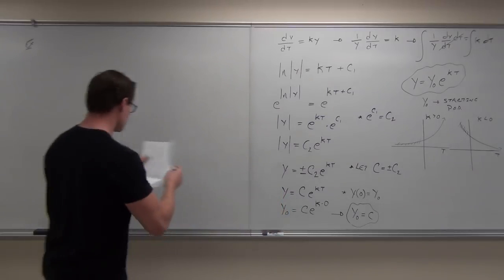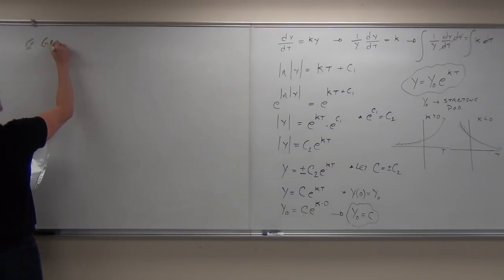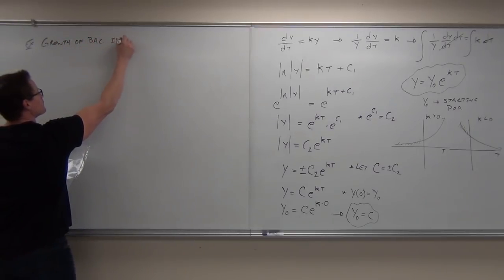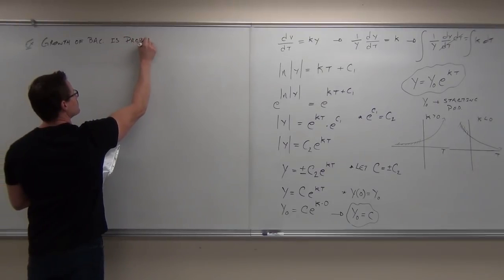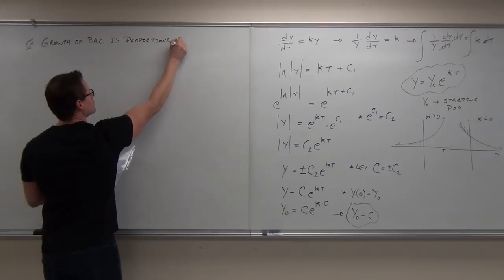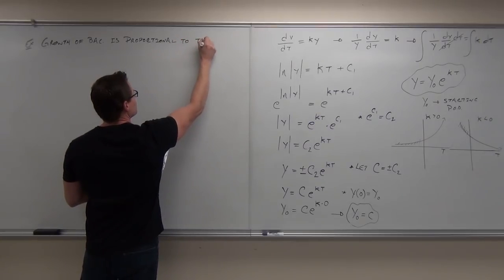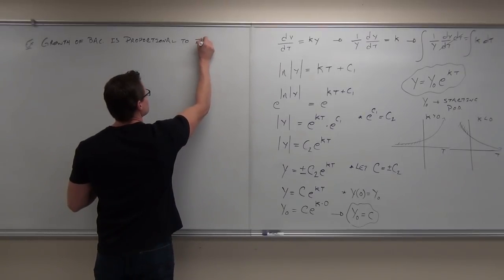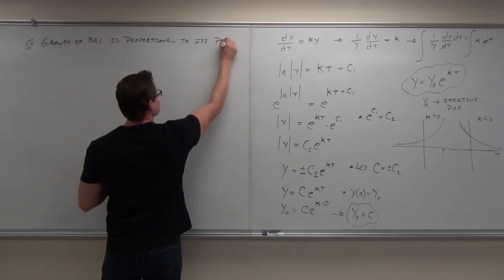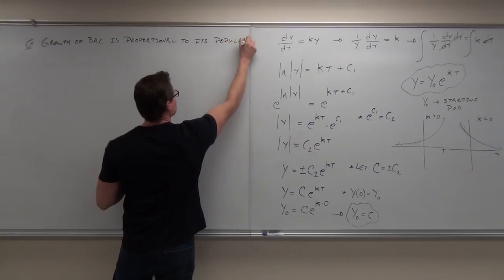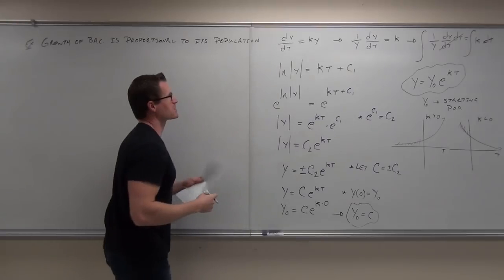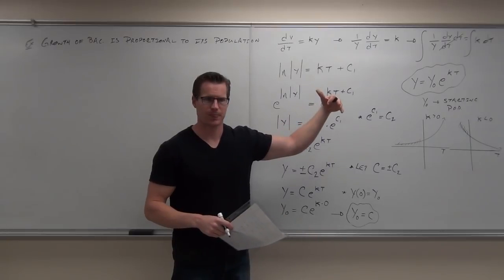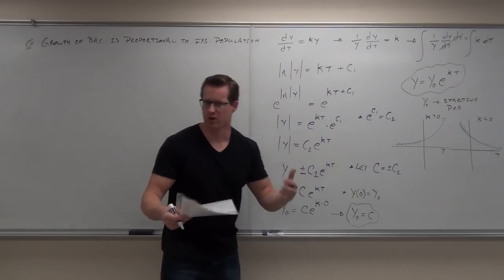Okie dokie? The reason why it has to be is because this comes from the idea of that directly proportional model. So we have to have that somewhere worded where it's proportional.